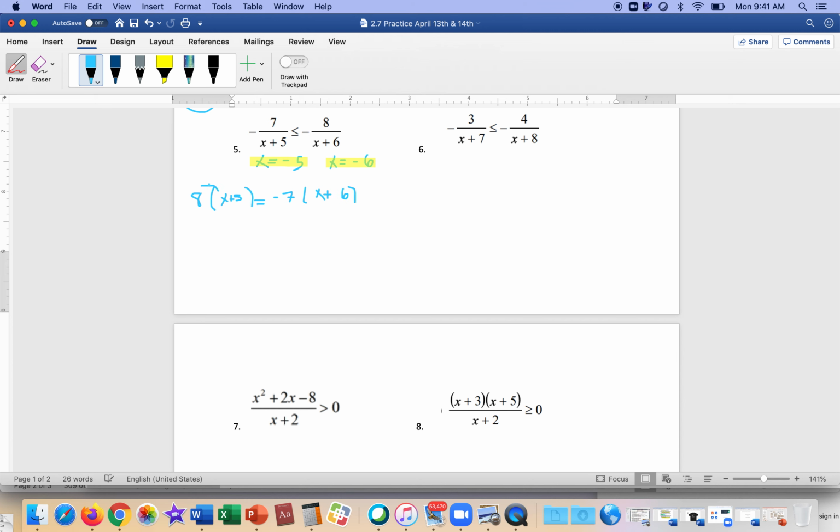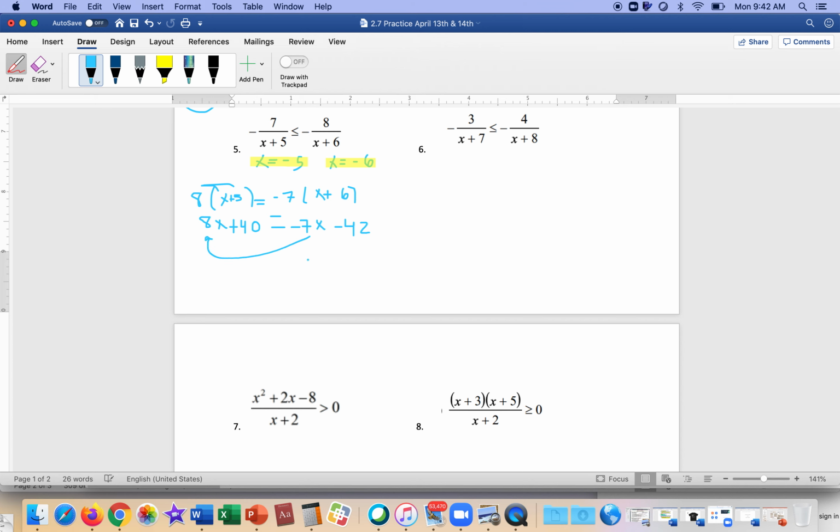So if I distribute here, I would get 8x plus 40 is equal to, distribute your negative 7, so you get negative 7x minus 42.